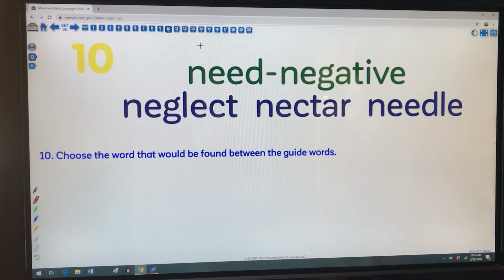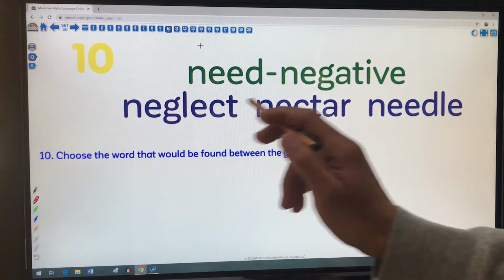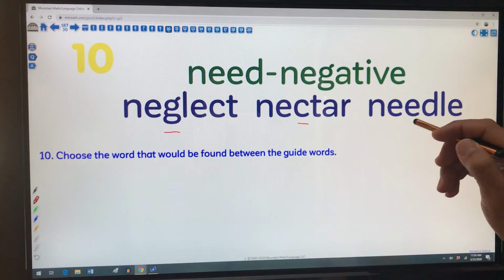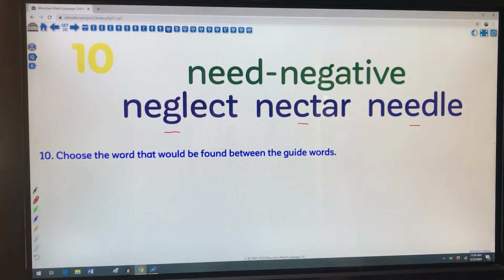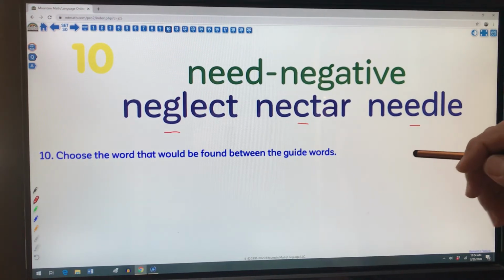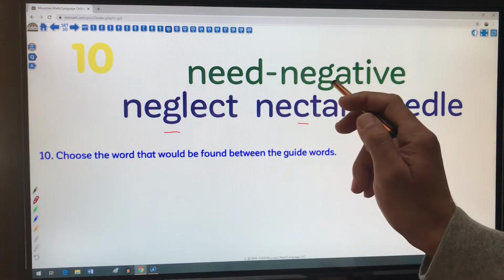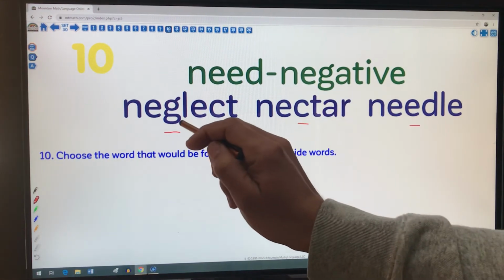All right, these famous guide words. The alphabet club, the bouncers are need and negative, who gets in through the door. So if I'm looking at this, I can say that the third letter I think is key. So NE is all the same, so this third letter is going to tell me which one is going to go through in the middle of those guide words. So the G, I can see this G here, but do you see the L now?